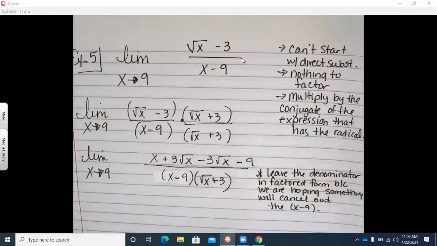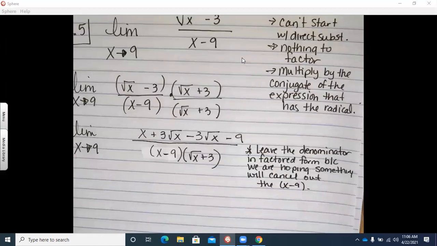I said leave the denominator in factored form because we're hoping something will cancel out the x minus 9.